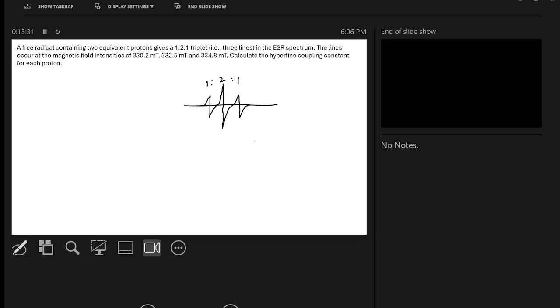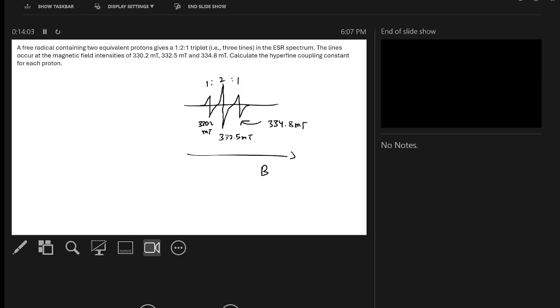This is increasing magnetic field B. This one is at 330.2 millitesla, this is at 332.5 millitesla, and this one is at 334.8 millitesla. And what is the hyperfine constant? The hyperfine constant is the difference between two peaks.